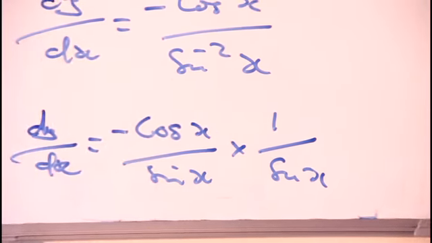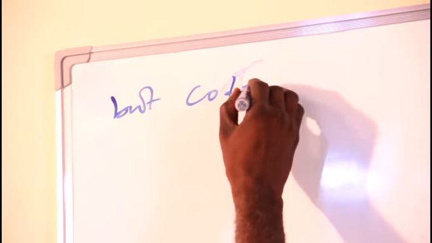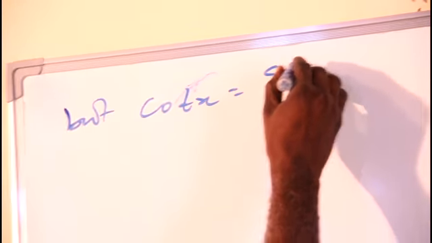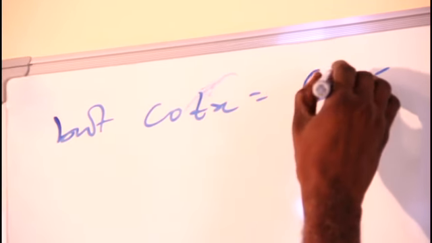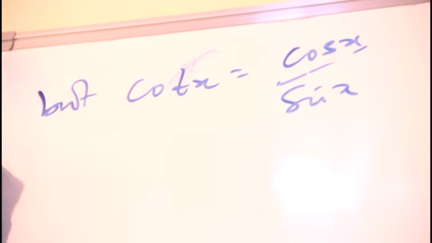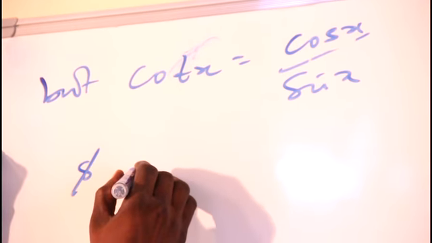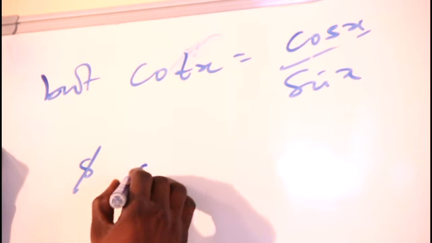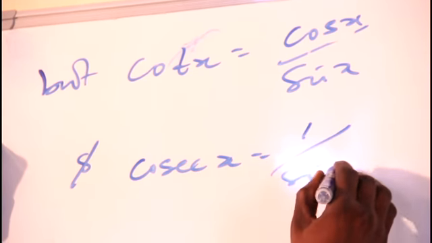So you now say that cot x is equal to cos x over sine x, while cosec x is equal to 1 over sine x.